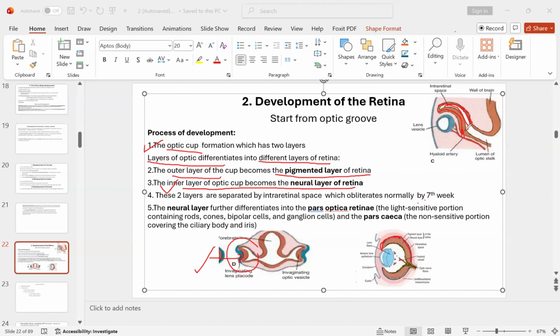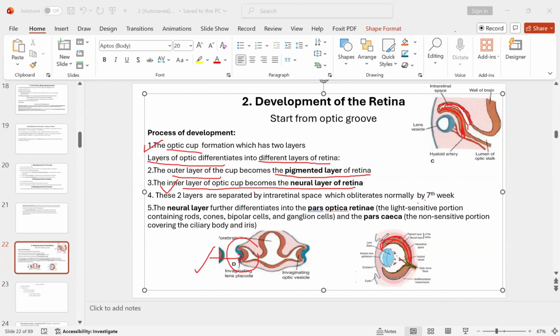This is the inner layer of the optic cup, and here you can see that this inner layer has now become the neural layer of the retina. So the pigmented layer of the retina is formed by the outer layer of the optic cup and the neural layer of retina is formed by the inner layer of the optic cup. This was the second step in the development of retina.